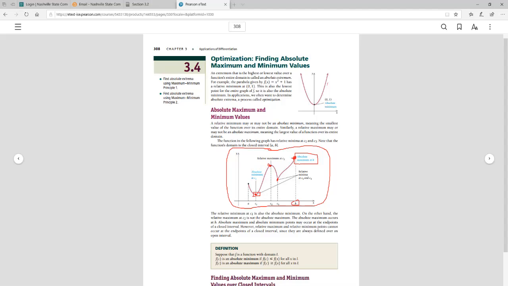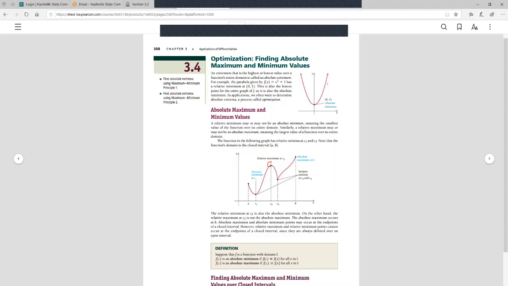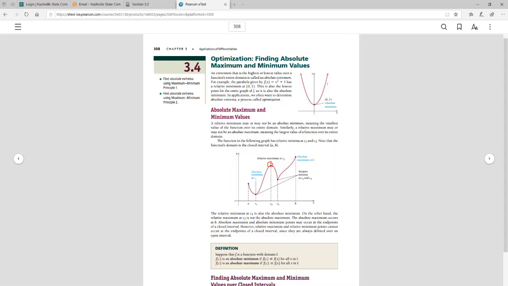Now this point here is called a relative maximum. And this point here is called a relative minimum because relative to its immediate environment, it is either a maximum or a minimum. But overall, it's not absolute. For example, if you take the tallest student in one class, that student may be the absolute tallest student.